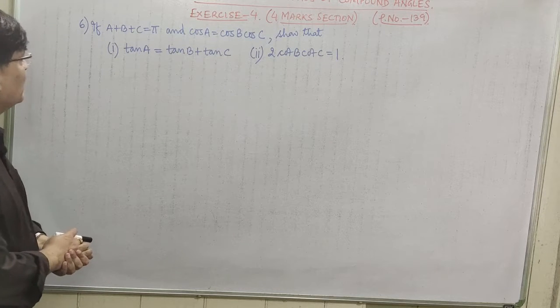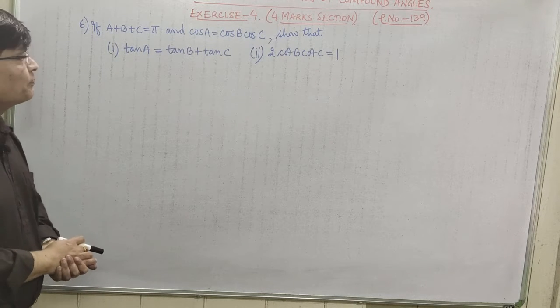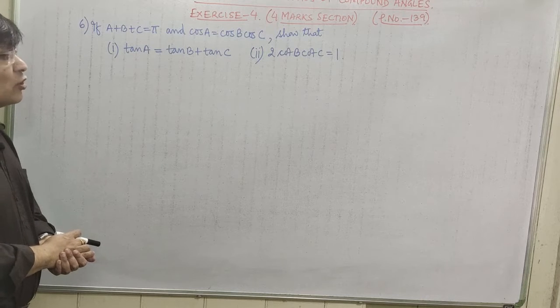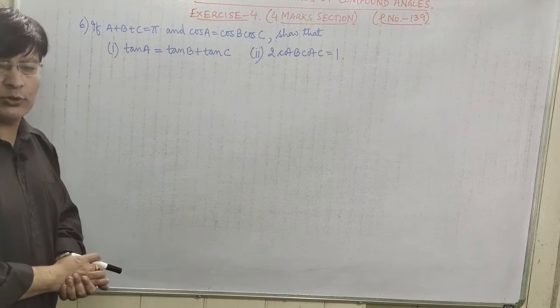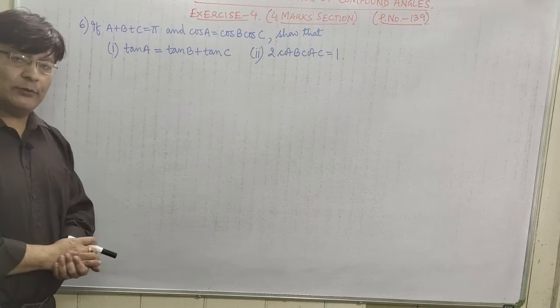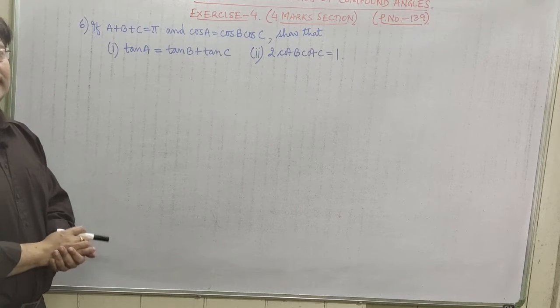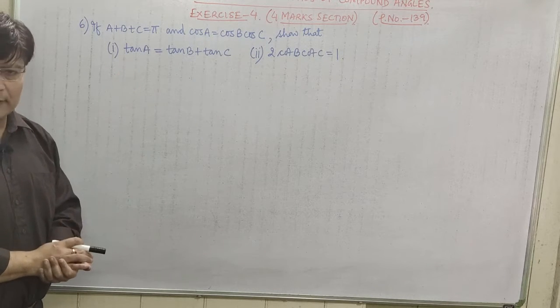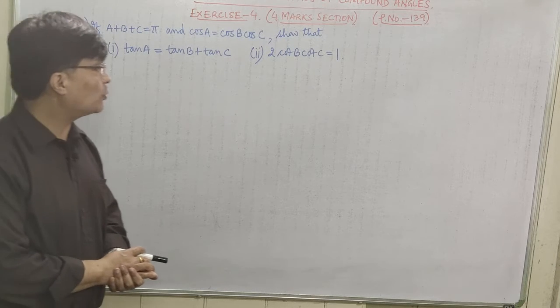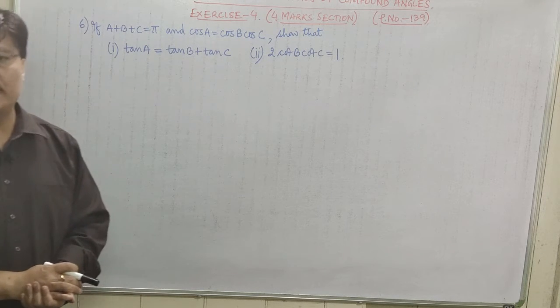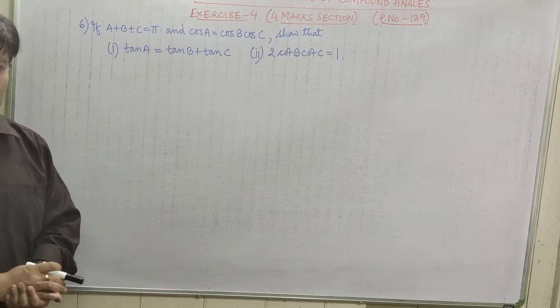If a plus b plus c is equal to pi and cos a is equal to cos b cos c, so these two conditions are given. You have to prove that number 1 is tan a is equal to tan b plus tan c, and number 2 you have to prove that 2 cot b cot c is equal to 1. So let us prove it now.